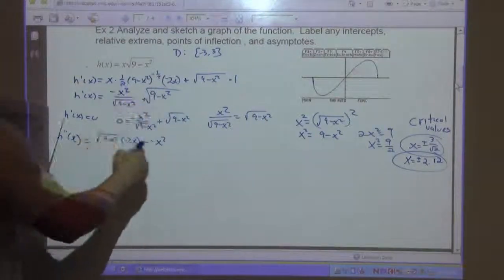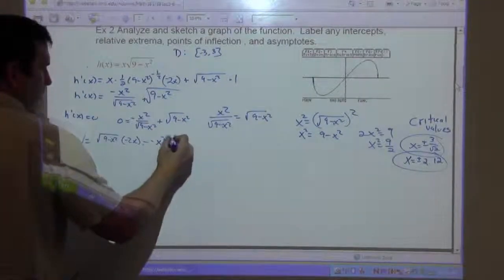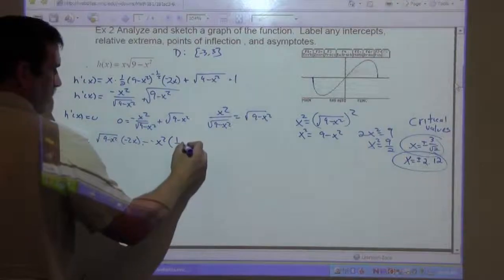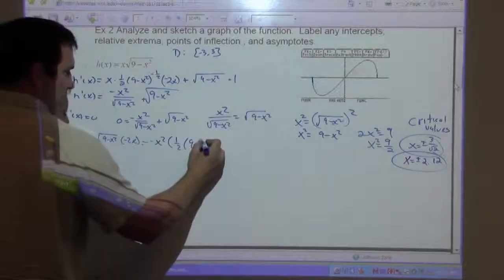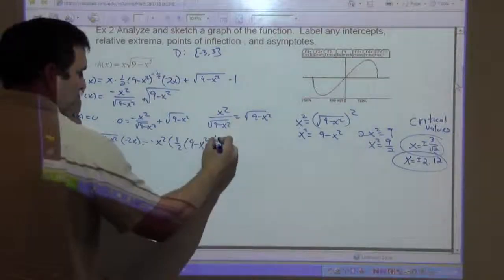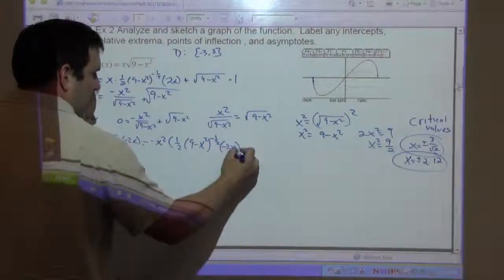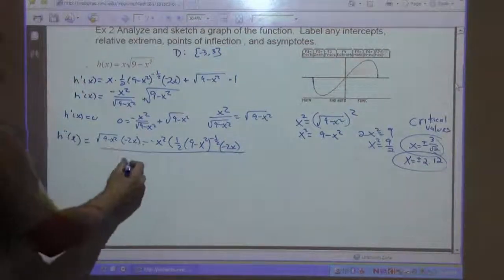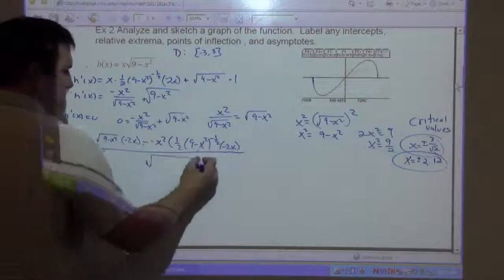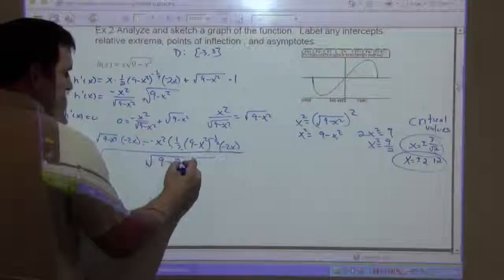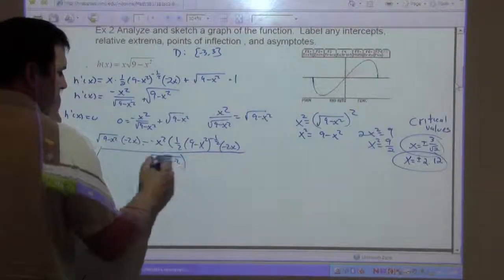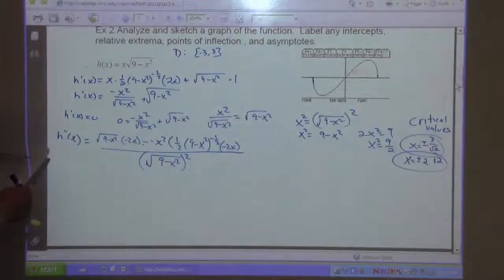I could just hit undo that line, but I can't do that here. All over the square of what's below, so it's the square root of 9 minus x squared, squared.